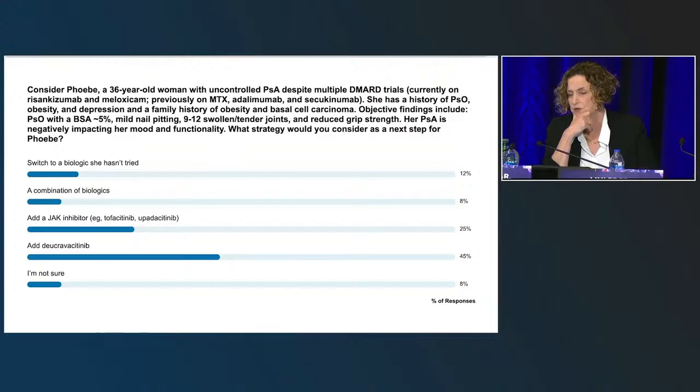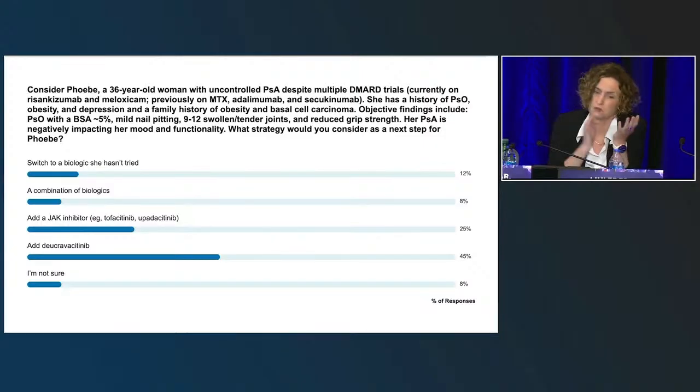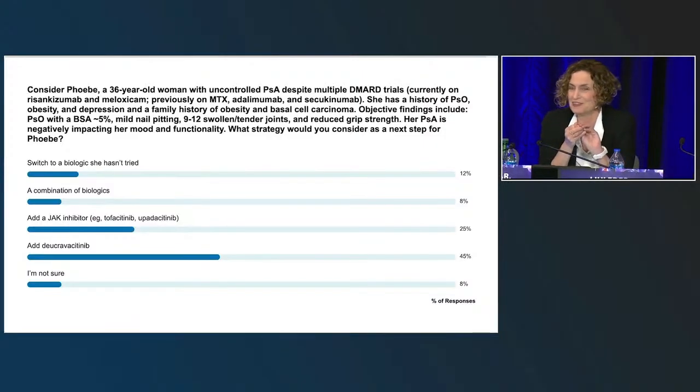And if these are all the options, there is an option of moving to another class. Yes, this is more the conventional way, or combination therapy, which it seems like most of the audience here would prefer. This is, of course, off-label, and it might be also quite hard to get approval for both a biologic and a targeted synthetic therapy.